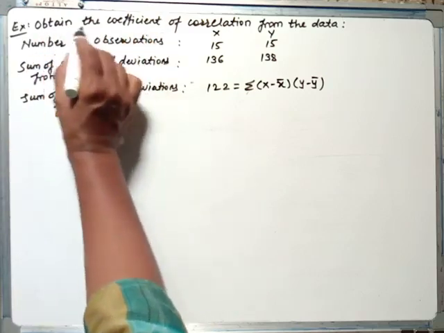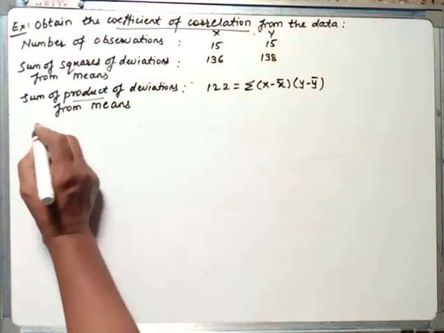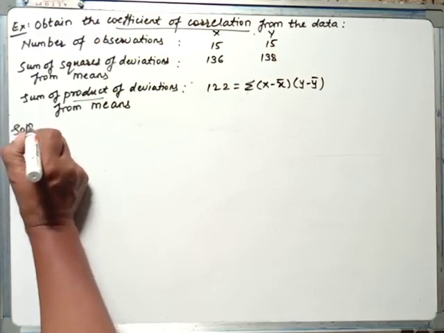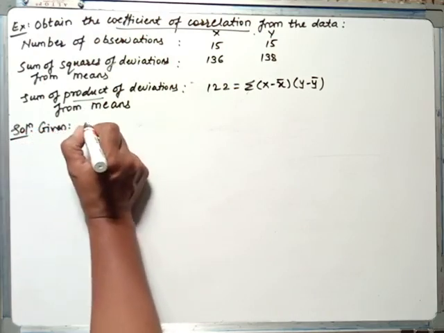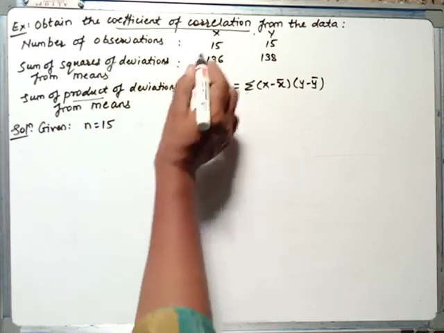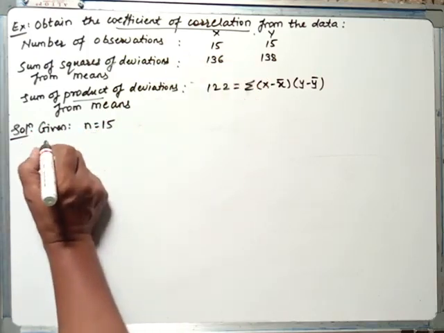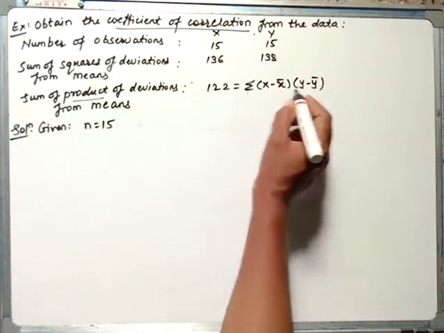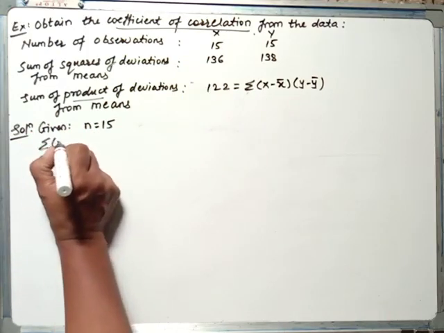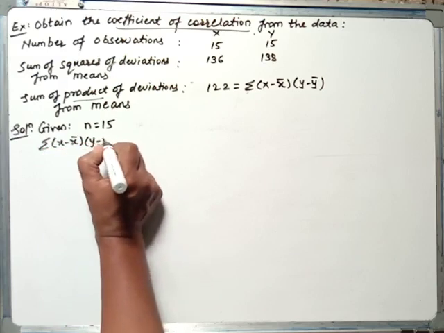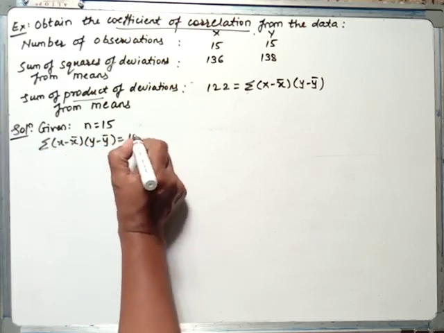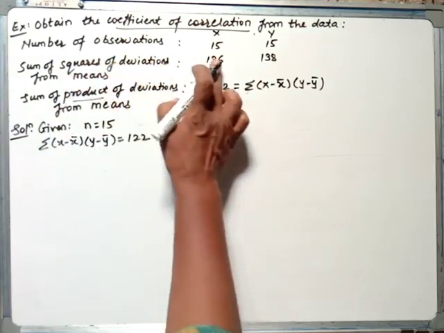Okay, so now let me write the question. Already we have written the question. Obtain coefficient of correlation. Okay, solution given. n is how much? 15, that is number of observations. Then what is with us? This summation x minus x bar into y minus y bar is how much? 122. Sum of squares of deviation.